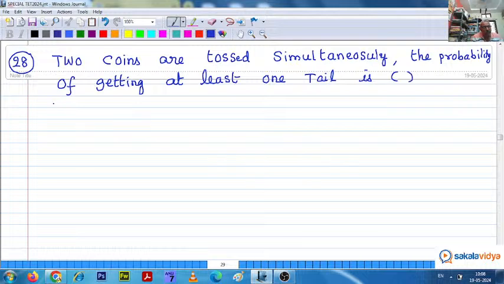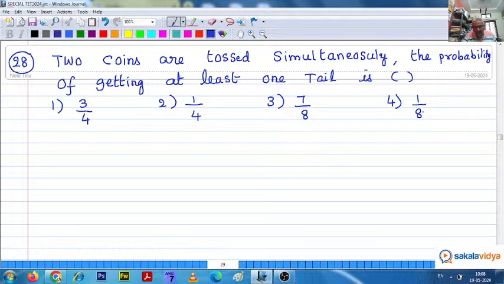So first option is 3/4, second option is 1/4, third option is 7/8, fourth option is 1/8. This is the question.